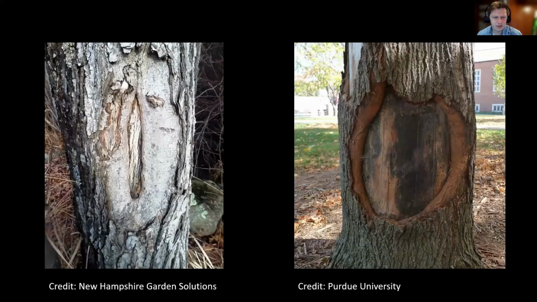As trees start to grow older and become more mature, it can be more problematic for them to respond to potential damage that occurs to them. As you can see here, I've got two examples of damage that happens on the stem. The tree on the left-hand side is in a much better situation than the right-hand side.